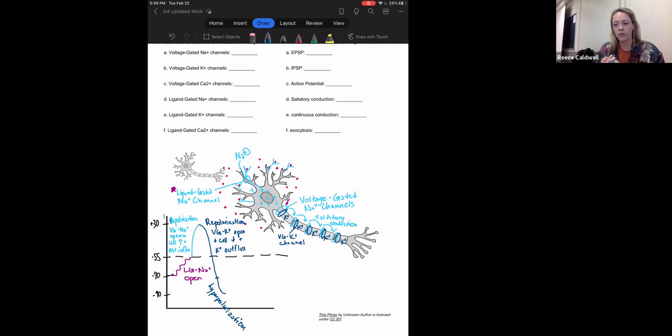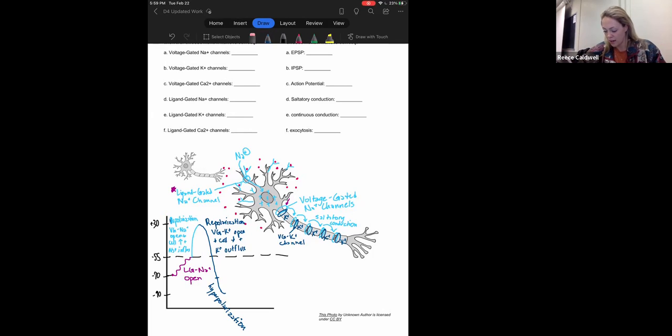And so that hyperpolarization just kind of adds some time to get back to that threshold. So at rest, we only have to move, in this case, 15 millivolts to hit threshold and depolarize. Hyperpolarization makes you have to move up 35 millivolts. So it just adds some time in between contraction or stimuli or whatever area of the body we're talking about.